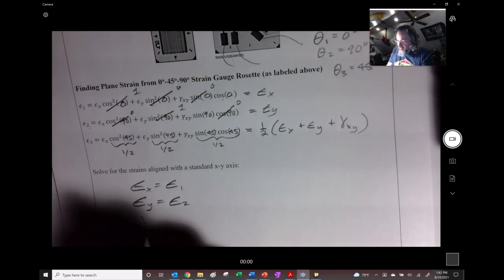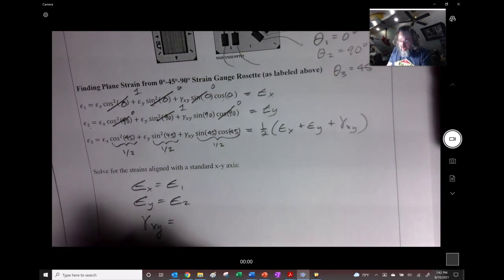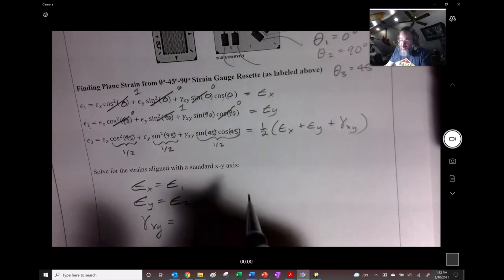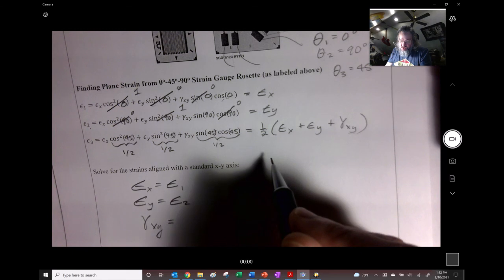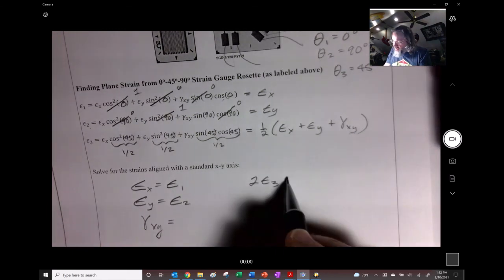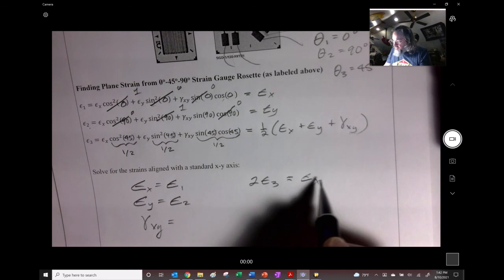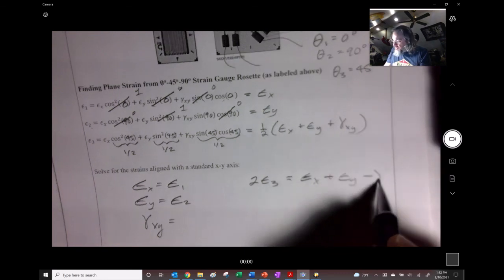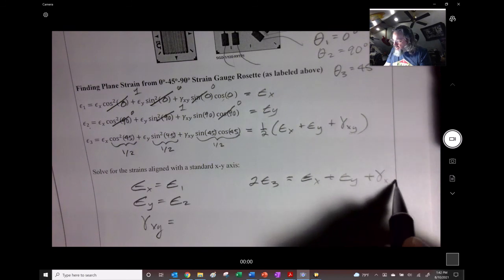But gamma xy, all right, so what we do is we substitute in. We say that 2 times epsilon 3 is going to be equal to epsilon x plus epsilon y plus gamma xy.